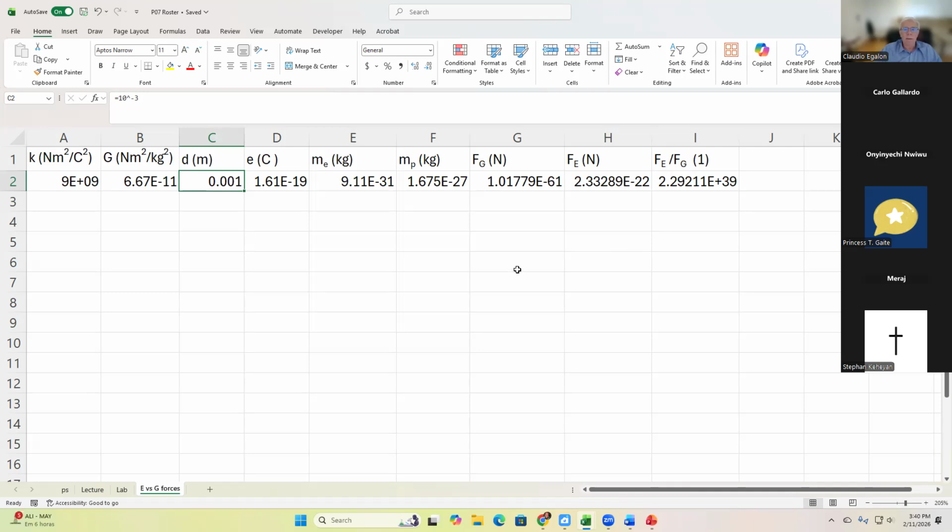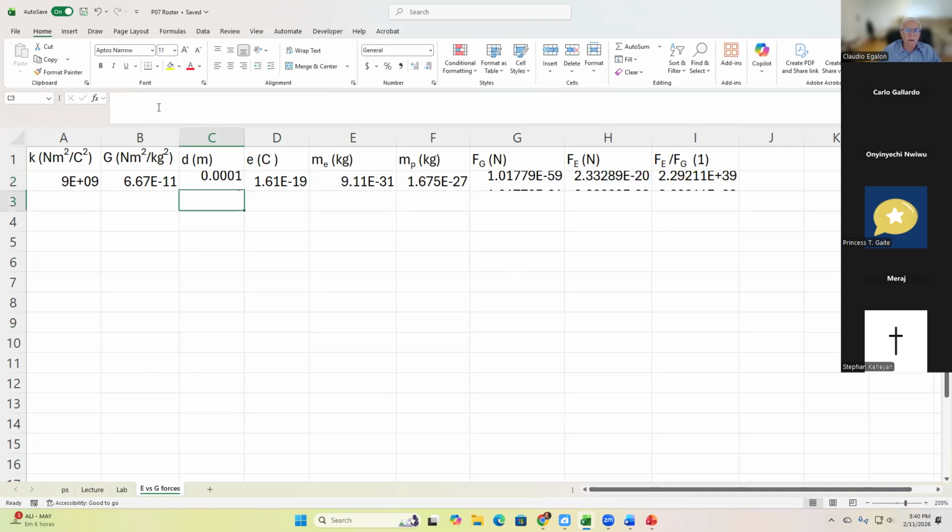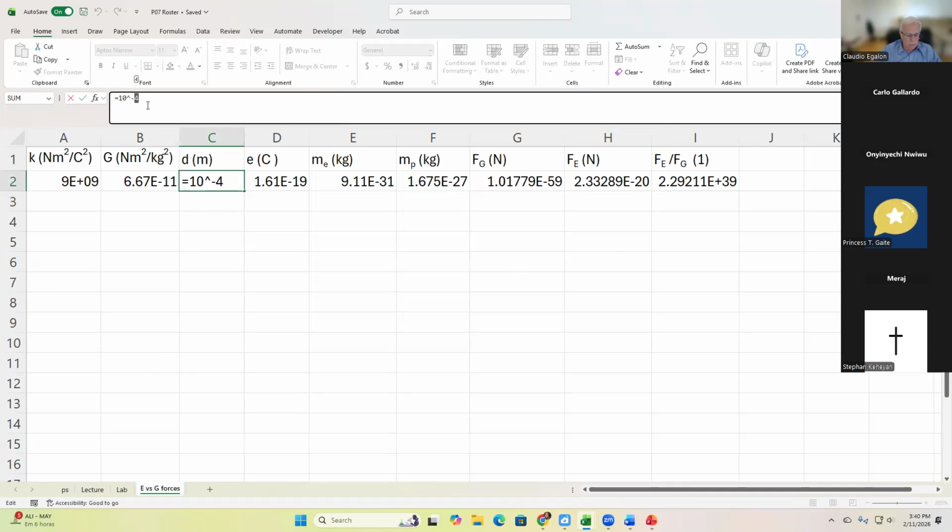Okay? So the force increased a little bit, right? What about, let's say, 1/10 of a millimeter, right? Here you go. The electric force increased and the gravitational force increased too, because the particles are getting closer and closer to each other. Now, let's see, 10 microns.